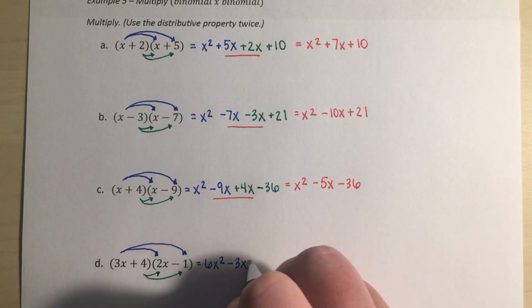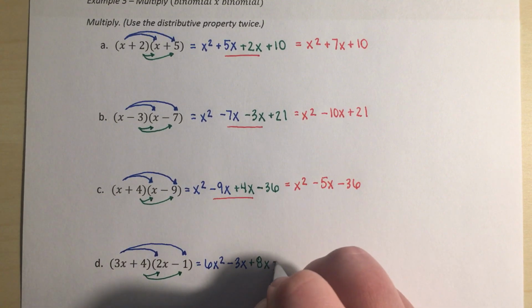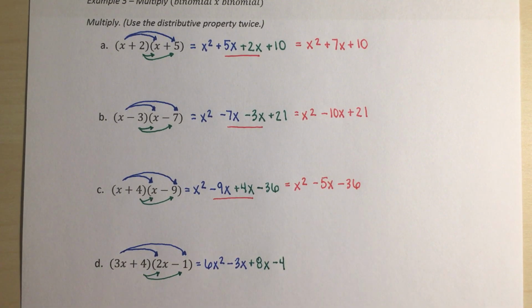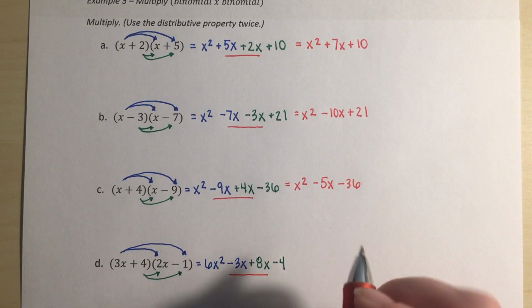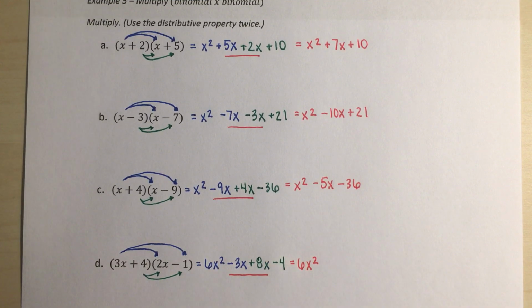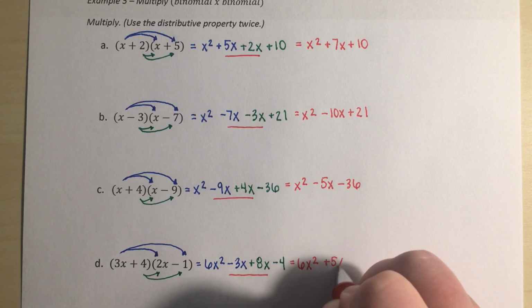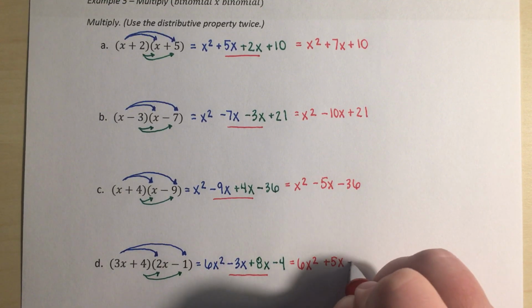Then 4 times 2x gives us a positive 8x. 4 times negative 1 gives us a negative 4. Again, we're going to combine our middle two terms. We get 6x squared. Different signs, so we subtract. Larger number is positive. Plus 5x minus 4.